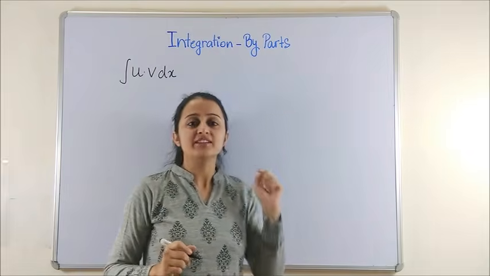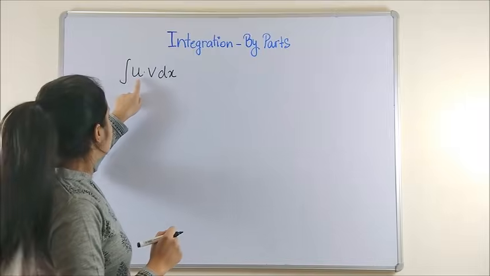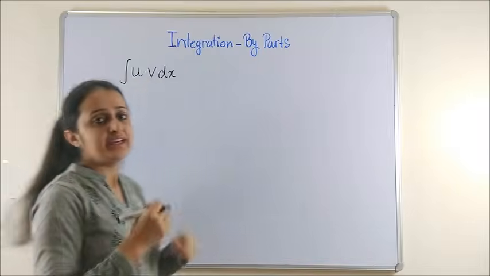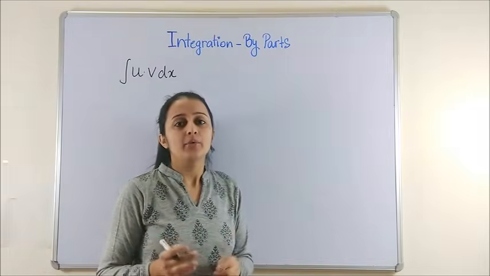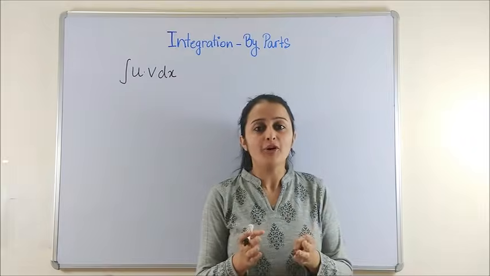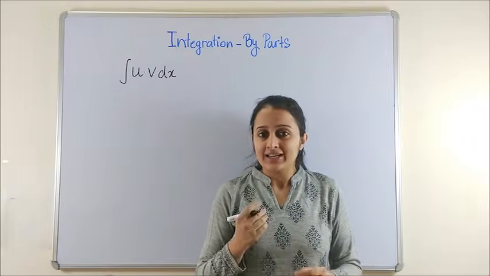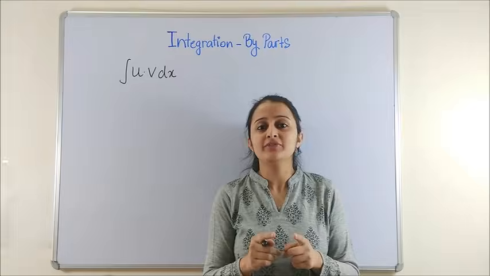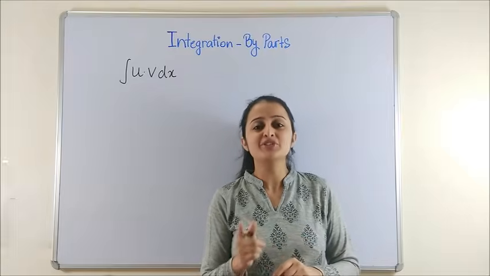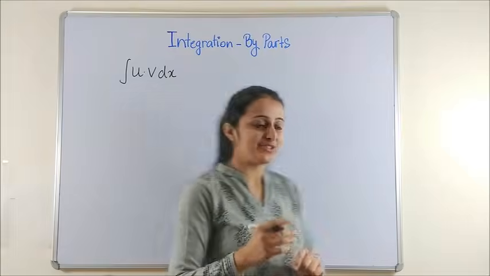Suppose we are given this product where there are two functions u and v in terms of x. Now, in order to integrate it, or find the antiderivative, let's recollect how we applied the product rule, which is a part of differentiation.